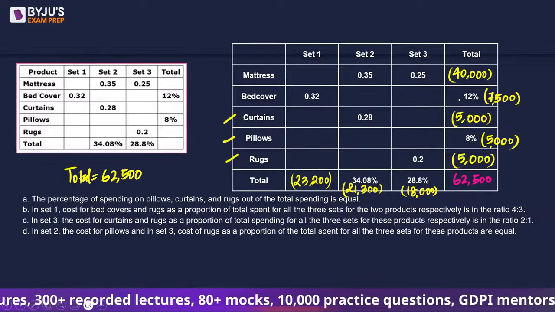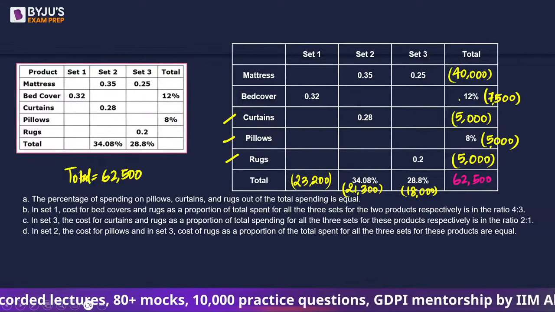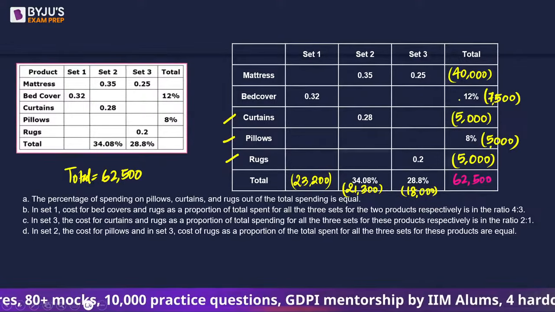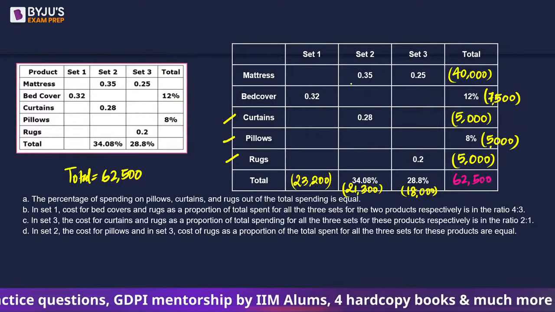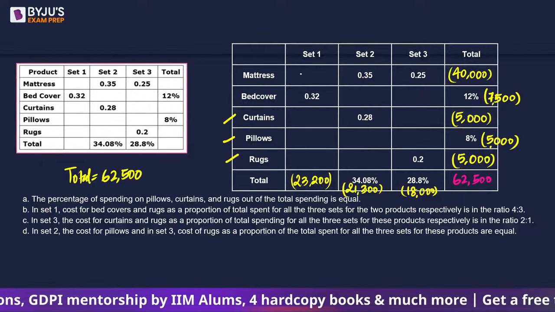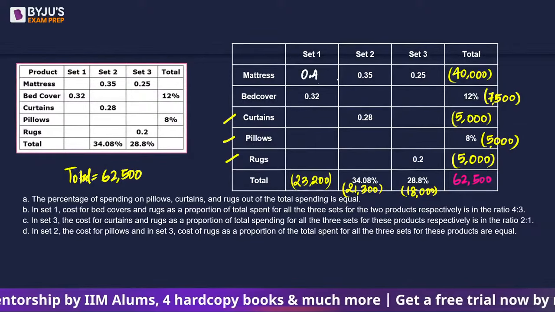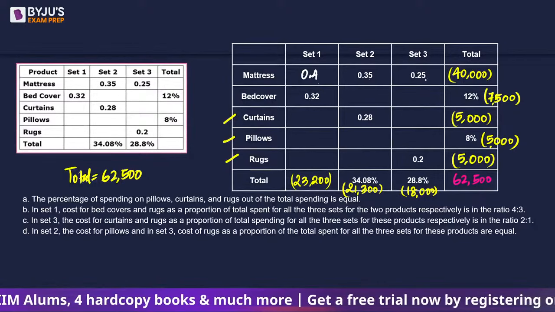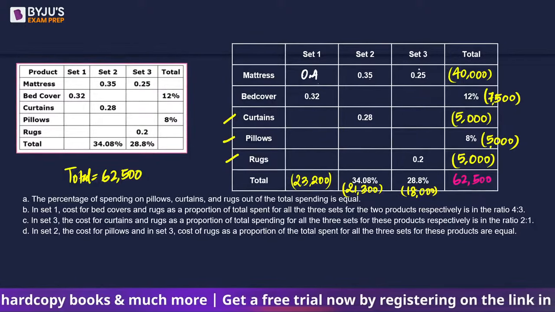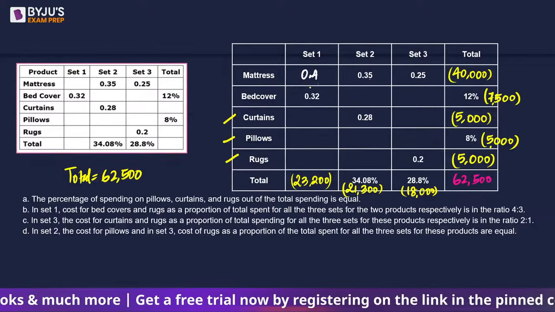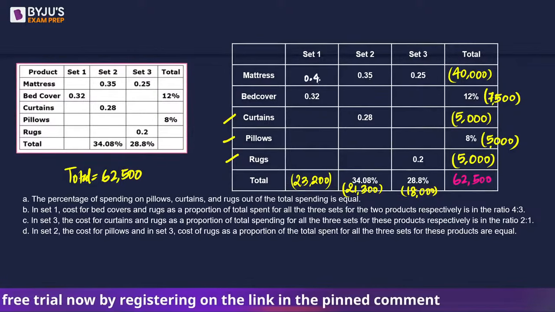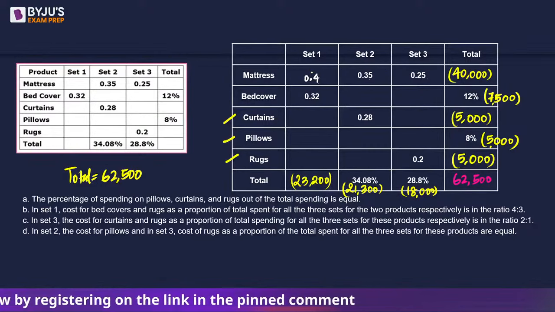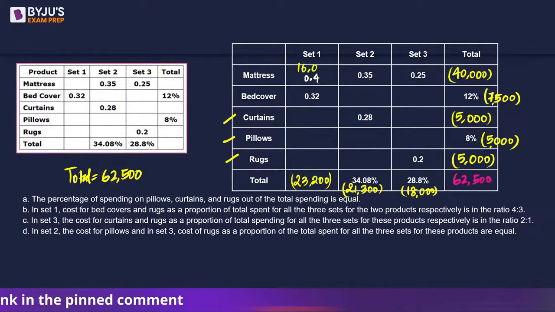Right? Okay. Now, 40,000 was spent on mattresses and the proportions are, let's write it down. This is 0.4, right? 0.4, 0.35, 0.25 is 1. So 40% of 40,000 अब fill करना है. So I'll write it a little smaller. 40% of 40,000 is going to be 4 into 4, 16,000.